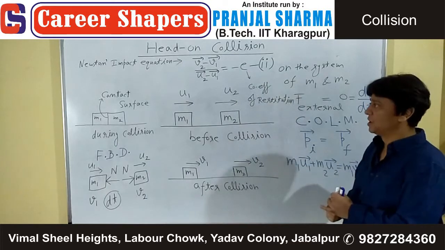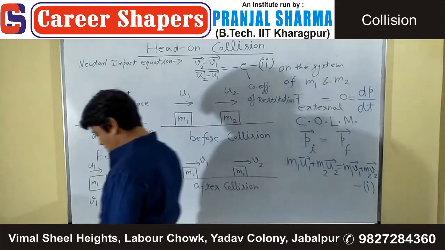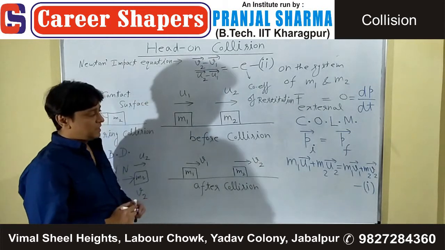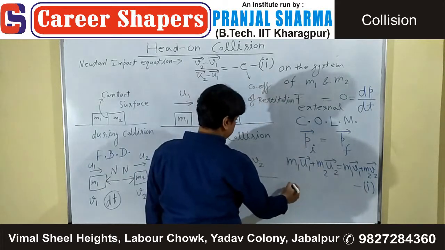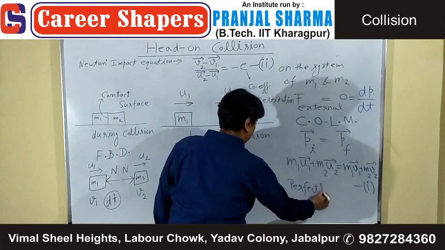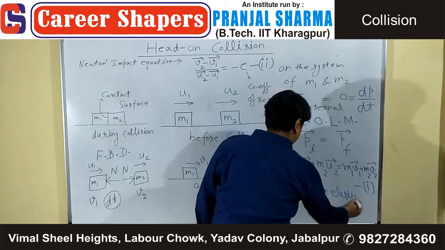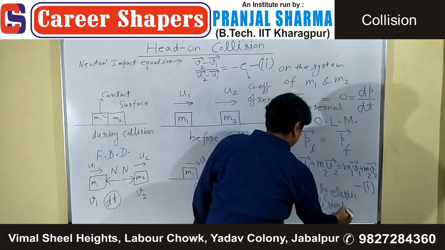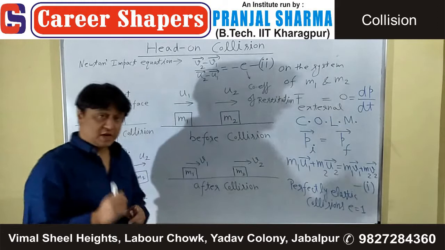Next line. For perfectly elastic collisions, E is 1. Now what's the meaning of E equals 1?